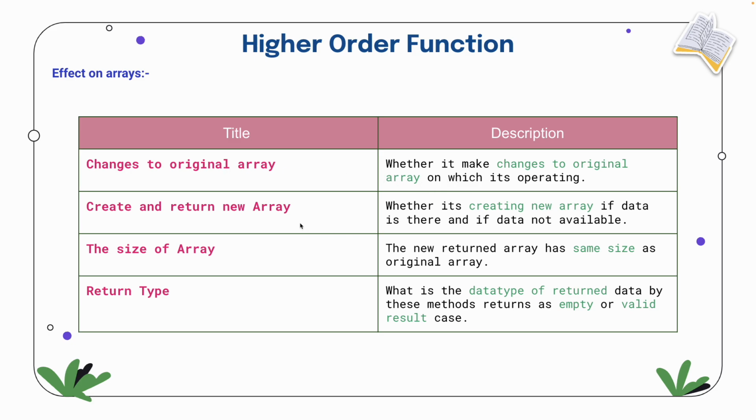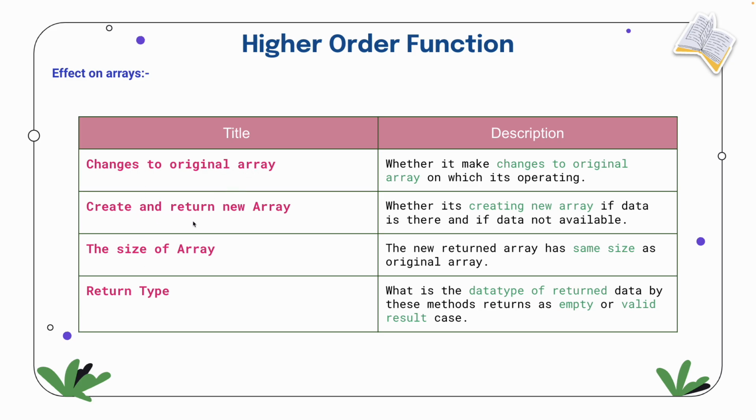Next, whether the higher order functions we are applying, like find, filter, are going to create a new array or change the original array. Another thing is whether the array created has the same size as the original array. So the first thing is changes to the original array.